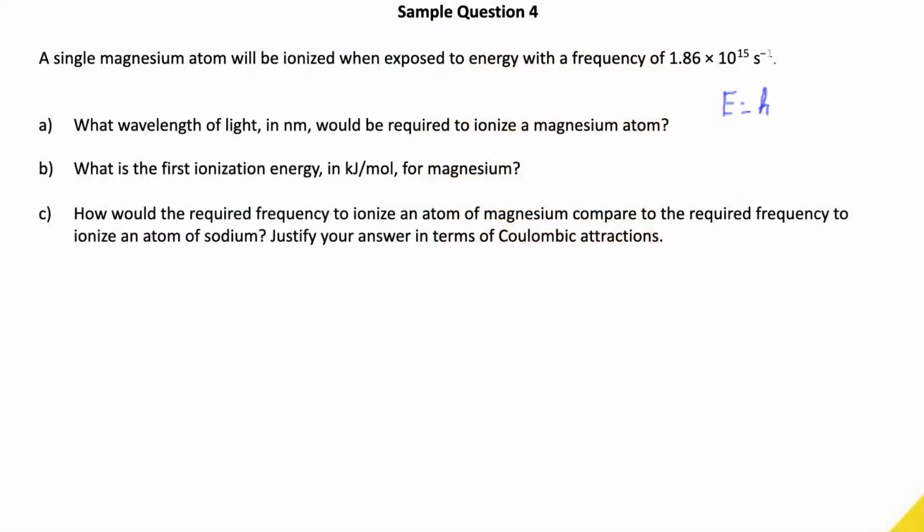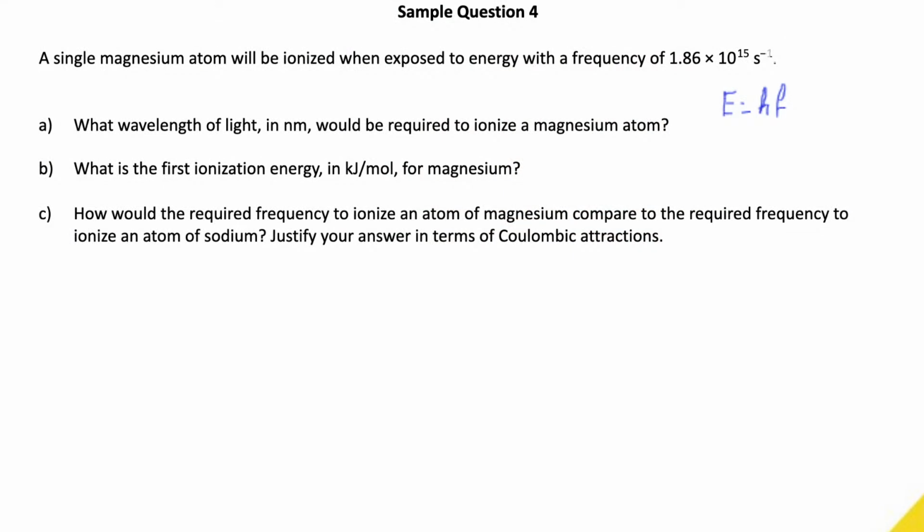So before you even start to tackle this question, maybe it's a good idea to make a note of the equations that you need, especially for questions like this. So I know the energy is equal to hf, where h is Planck's constant.